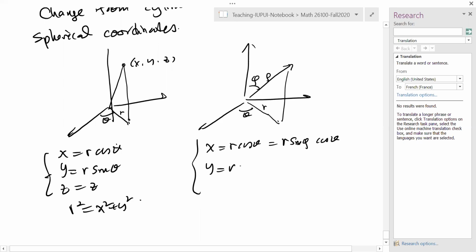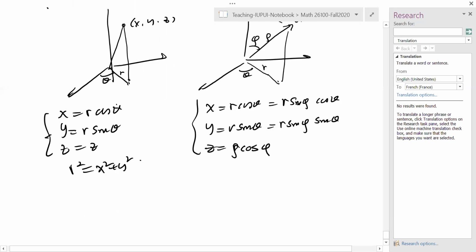Okay, y equals r sine theta, which is rho sine phi sine theta. And z is actually just rho cosine phi. How do you get the z? Right, z is here, so rho cosine phi gives the z variable.